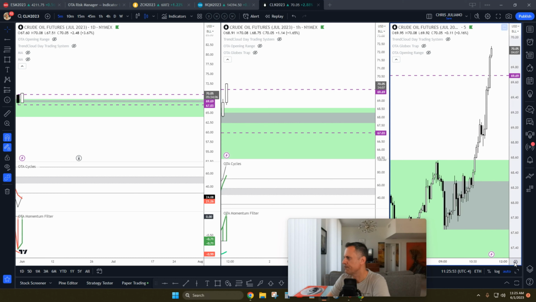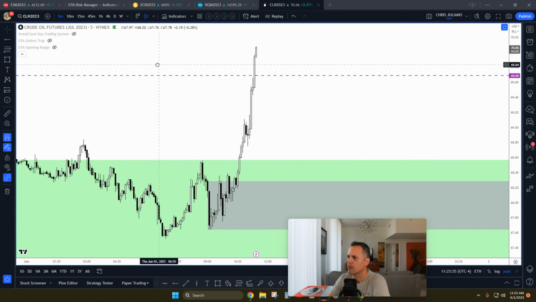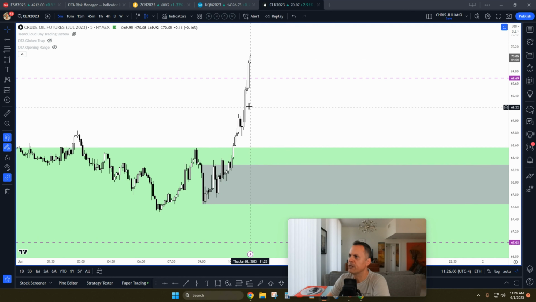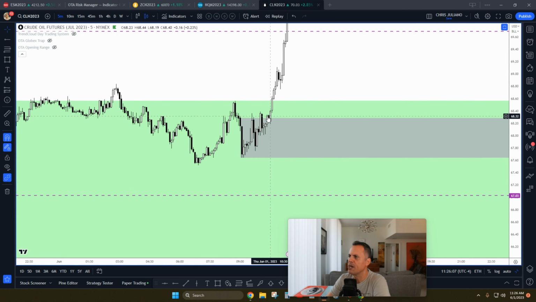Look at that. Isn't that interesting? See how we're forming rally base rally, drop base rally. Down here, rally base rally right here on the 5-minute within this 1 hour zone.